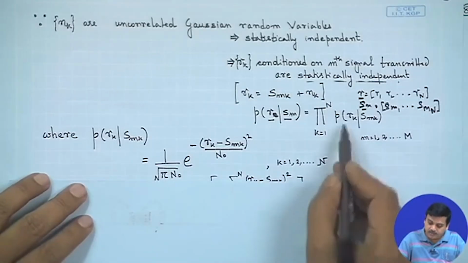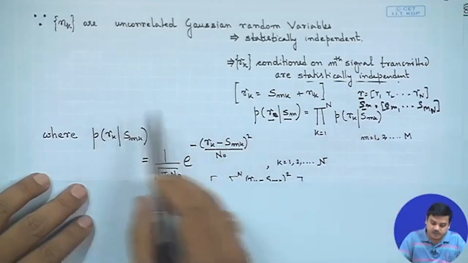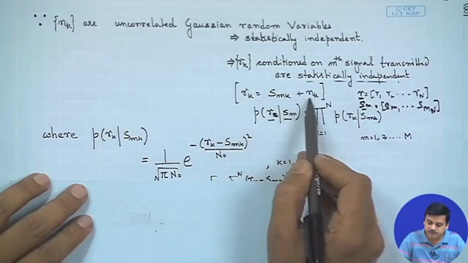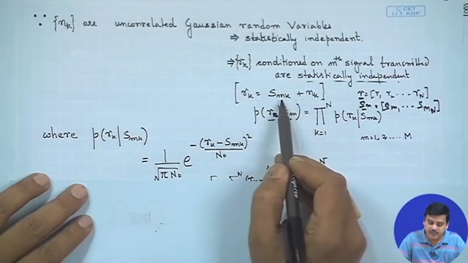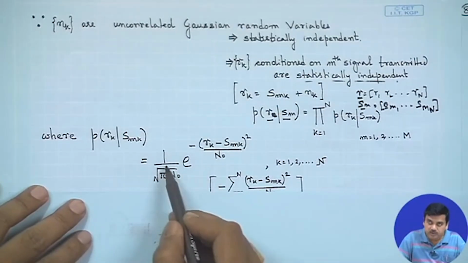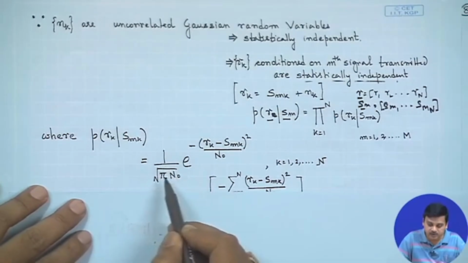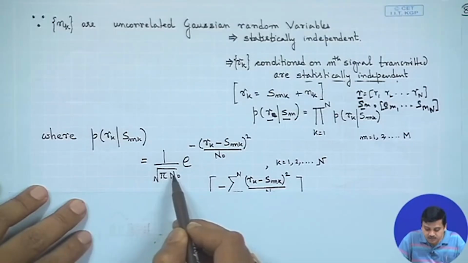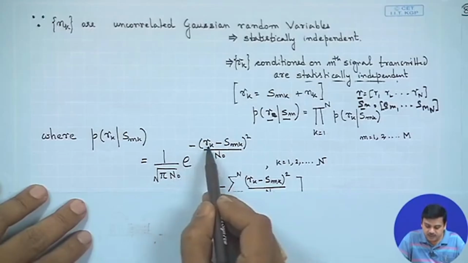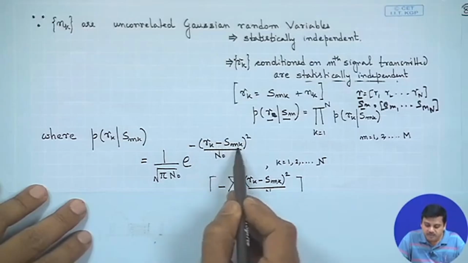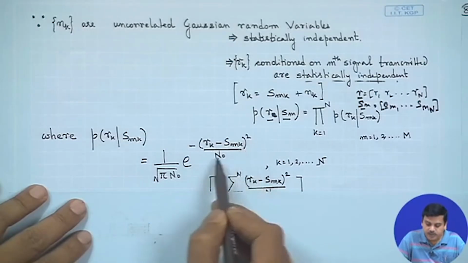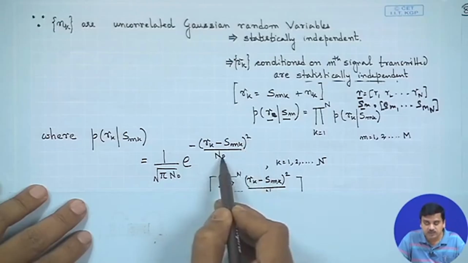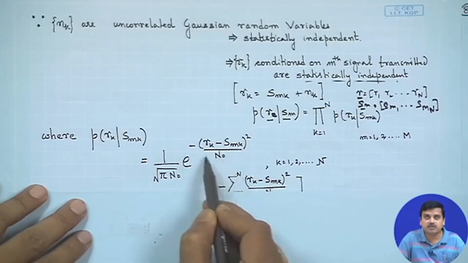So, where the P of R k given S m k, since we know from this that this has the PDF of n k with a mean of S m k, what we have is the Gaussian distribution 1 over root pi n naught, because there is 2 pi sigma squared, where sigma squared is n naught by 2, and 2 and 2 cancel. So, we have pi n naught, e to the power of minus r k minus mu, where the mean is S m k, squared upon 2 sigma squared, which is n naught by 2, 2 and 2 cancel, you are left with this.